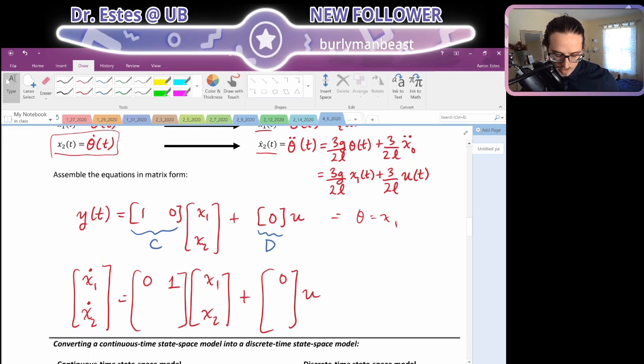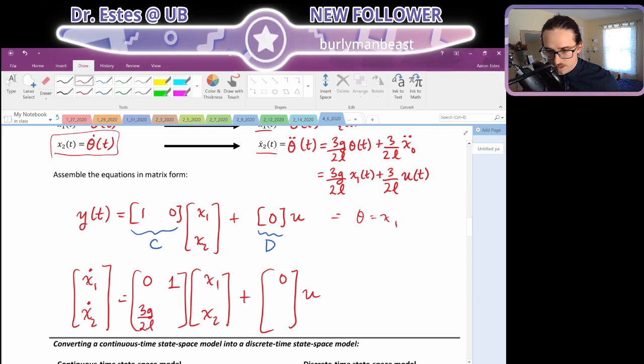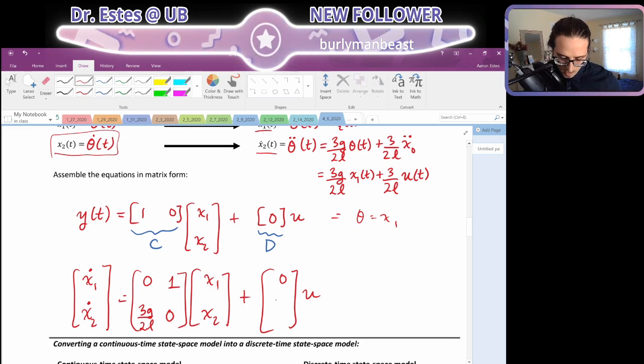My x2 dot equation, I know it's 3g over 2l times x1 plus 0 times x2. And then it's 3 over 2l times my input.